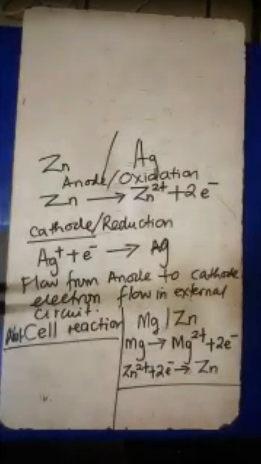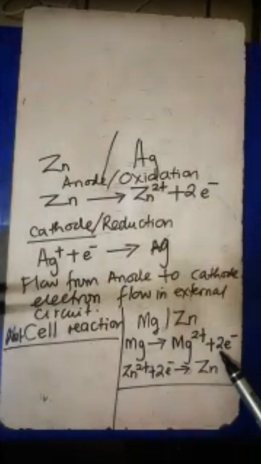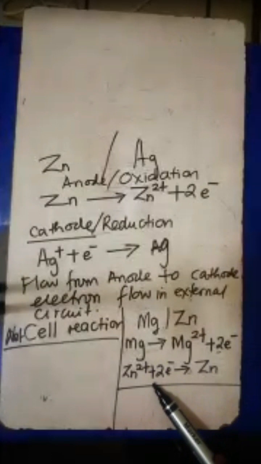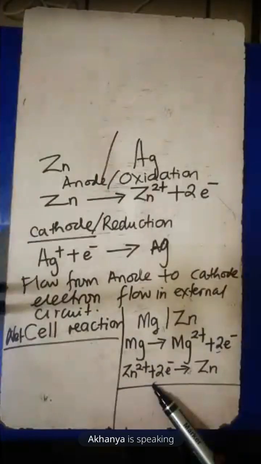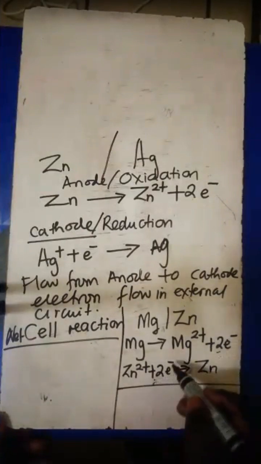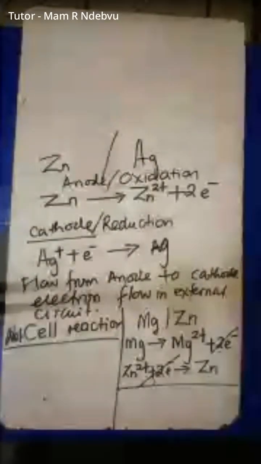I'll start with the easier one, then go to the difficult one. Can you see I'm losing 2 electrons on magnesium? I am gaining 2 electrons on zinc. Are you following, colleagues? So if you are losing 2 and gaining 2, the electrons will cancel each other because they are the same.